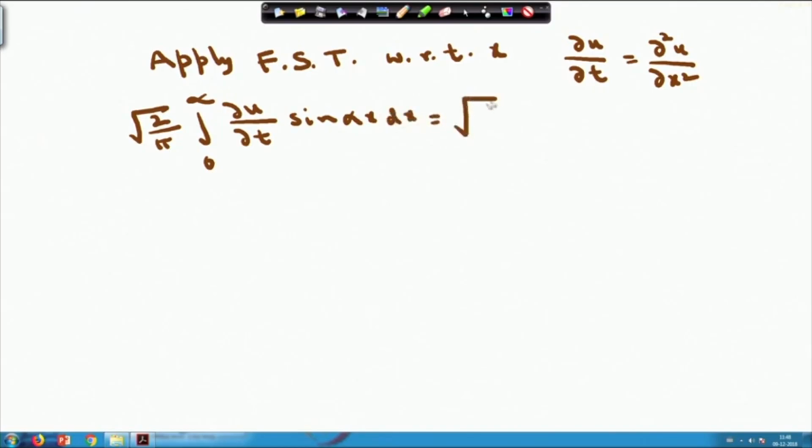equals, on the right side, root over 2 by pi, integral 0 to infinity, ∂²u/∂x² into sin(αx) dx. Since we are differentiating with respect to x, we are taking the Fourier sine transform with respect to x.